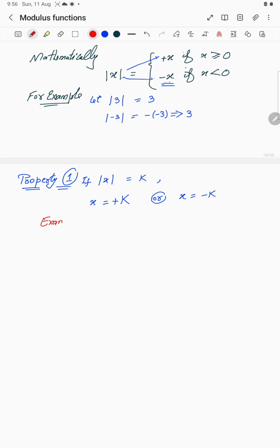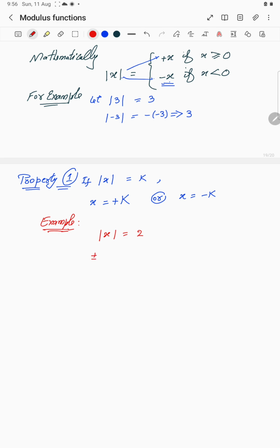Example of this property: suppose you have the modulus function of x equal to 2. So what is the result? As this is an equality, you can place the plus minus on either side, it doesn't affect. But while doing inequalities, we need to be careful about the sign. Generally I will go with one pattern.